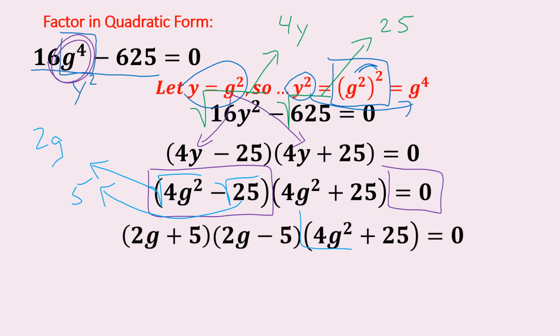This one we can't do because there's a plus sign. And now as a last step, we take each of these parentheses and set them equal to 0. So we would do 2g plus 5 equals 0, 2g minus 5 equals 0, and 4g squared plus 25 equals 0. And we would solve all of those.